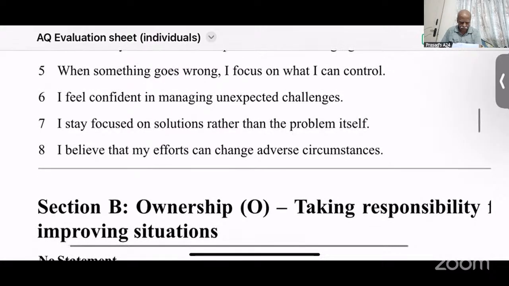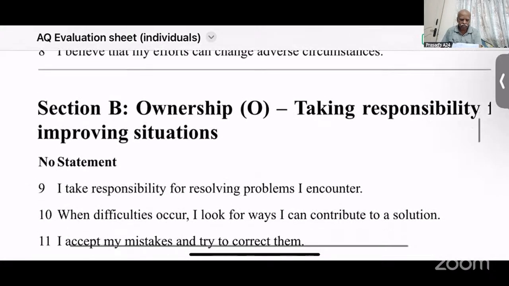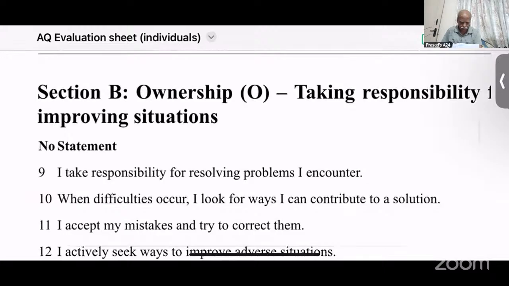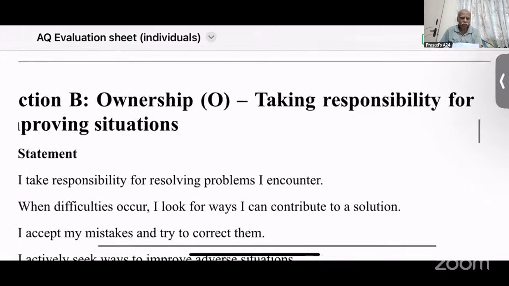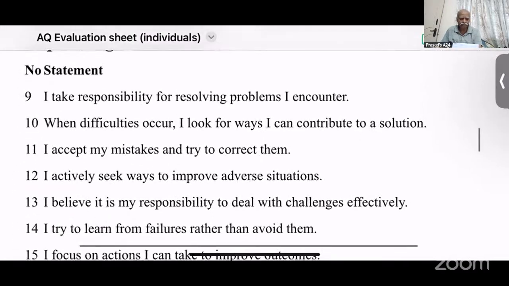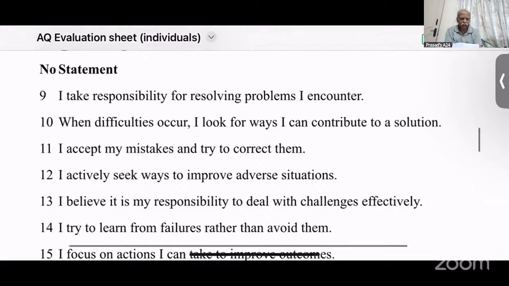So let's go to the section B, ownership. Taking responsibility for improving situations. Statement number 9.